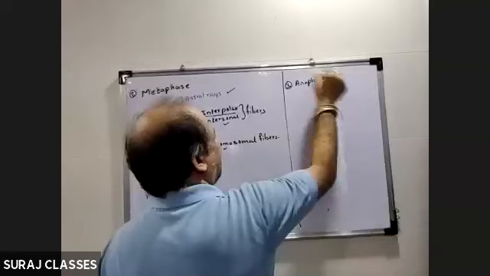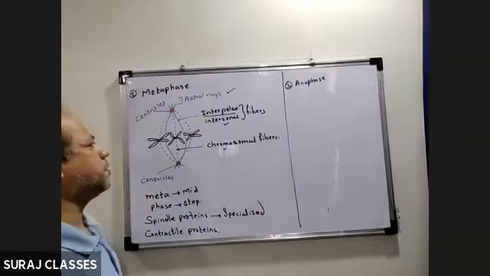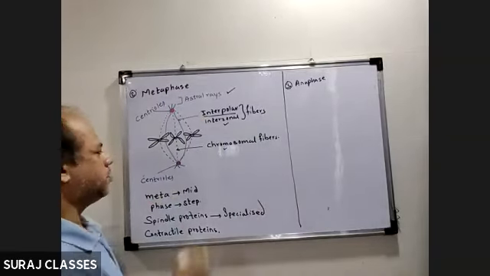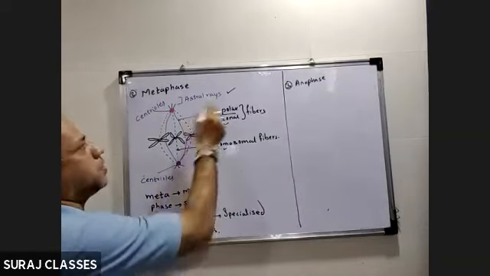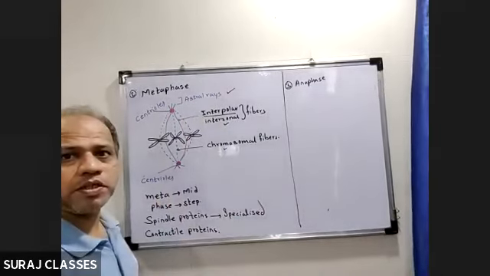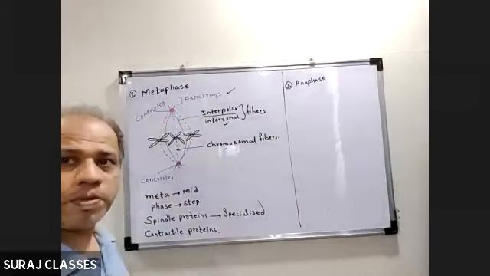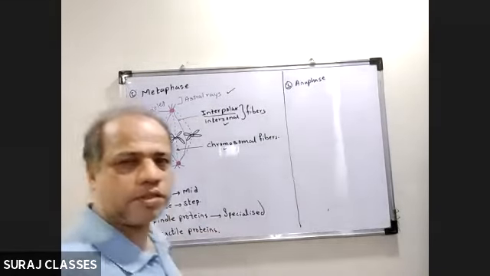Now children, astral mitosis takes place in animals. In plants, astral mitosis is absent.